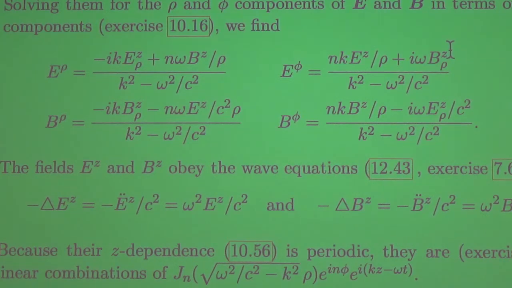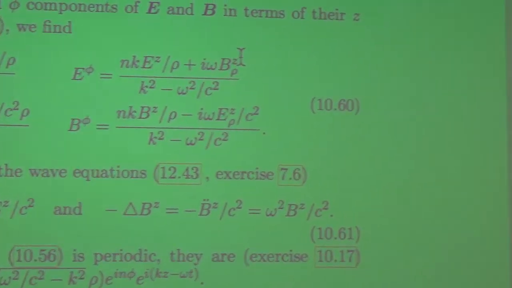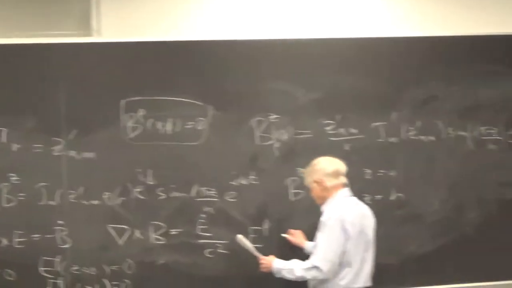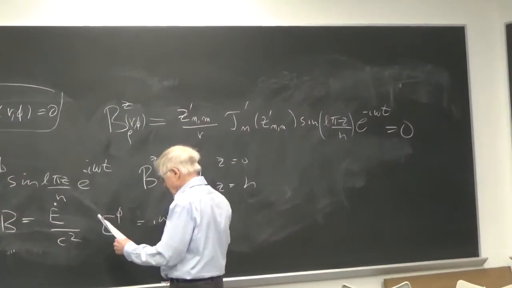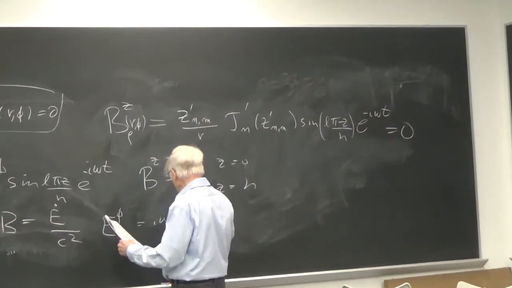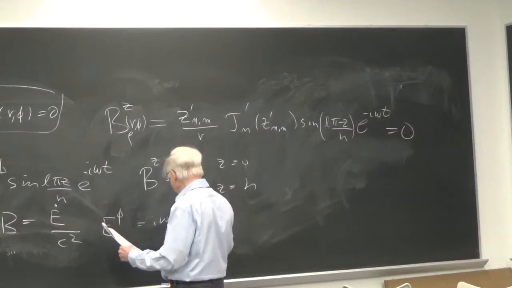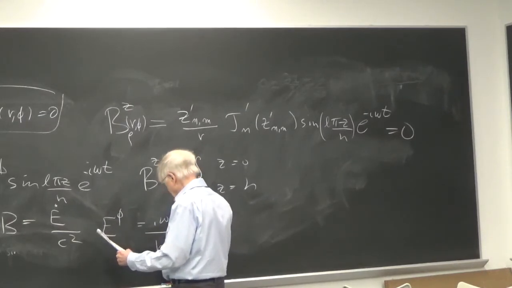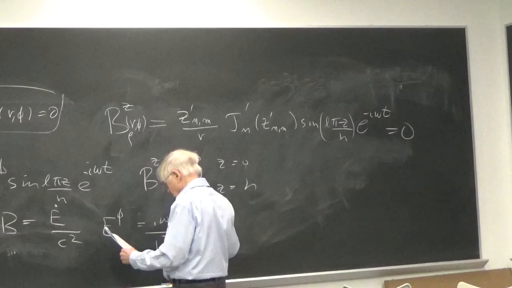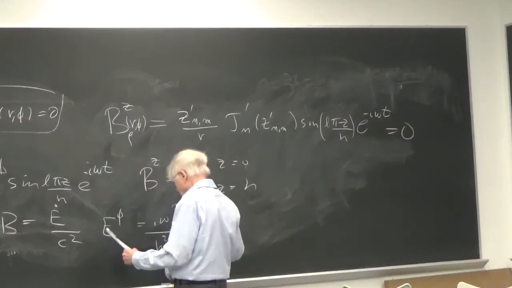So let's look at that. What we have then is that E phi is I omega, the rho derivative of BZ divided by K squared minus omega squared over C squared.